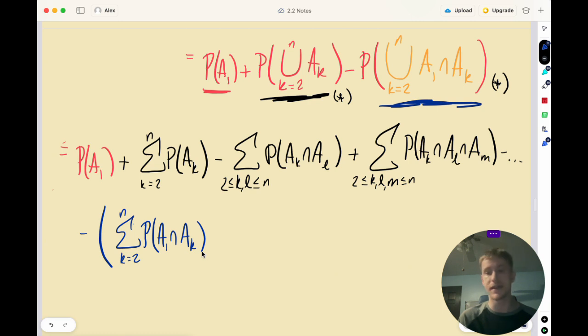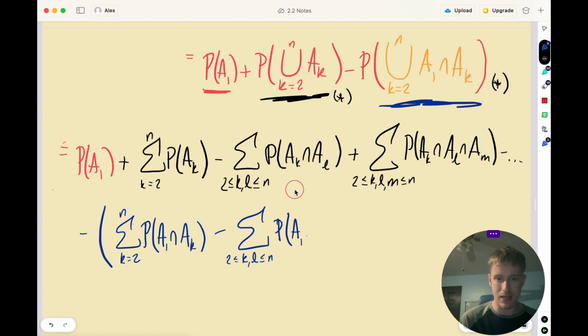I'm just copying that down verbatim. Minus, now I have the sum where k and l are going to be between 2 and n of the probability of A1 intersect with A_k intersect with A_l, plus, and so on and so forth.